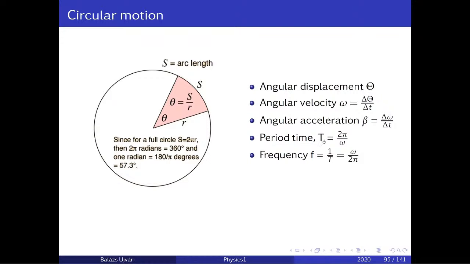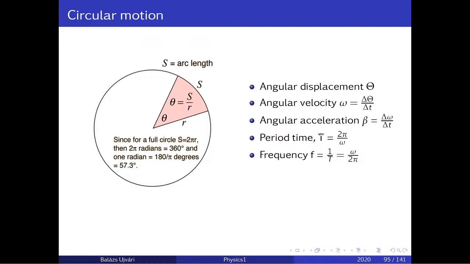So another two things, the period time. If we want to move, for example, from this origin, theta equals 0, if you move enough, meaning 2 pi, you will come back in the same position. The period time is how long it takes to move from one position back to the same position? Of course, you can start your motion here also. So this is the period time. If you divide the 2 pi with omega, you will get a number in seconds.